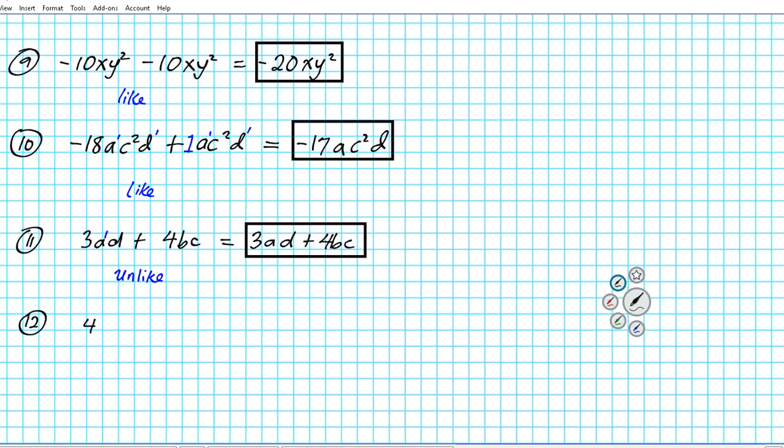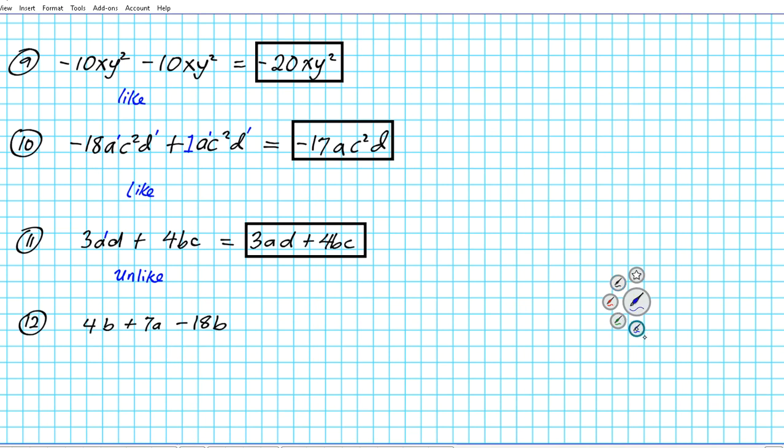All right, moving along. Number 12. What if we have three terms? What if we have 4b plus 7a minus 18b? Okay, let's see what we have here. We have three terms here. 4b and negative 18b are like terms, but 7a is not similar to those two.